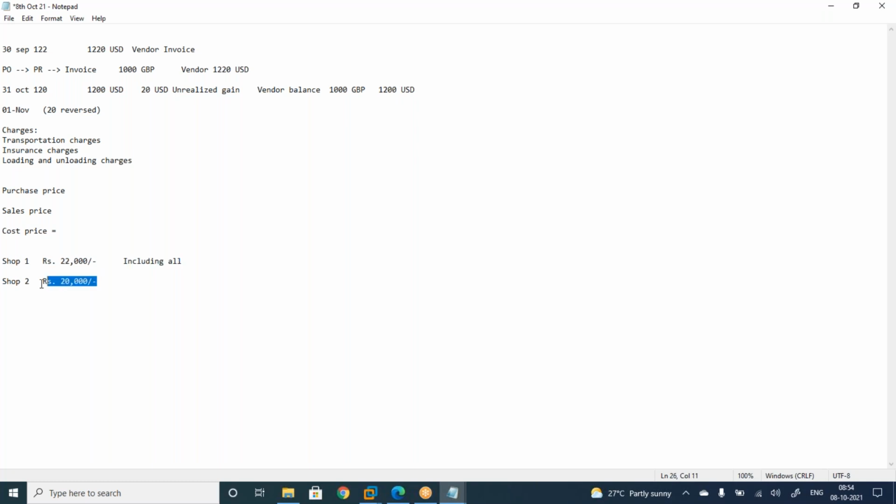Then I revisited the other guy and he told me 20,000 is the price of the item, plus 2,500 rupees taxes, plus 500 is the transportation charges. Then it was 23,000.